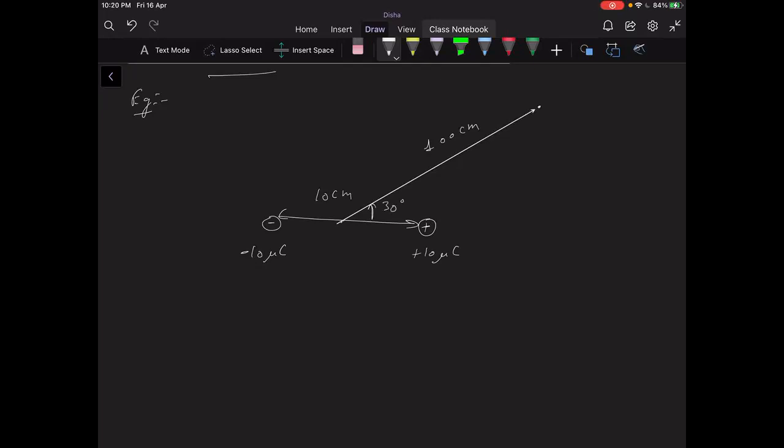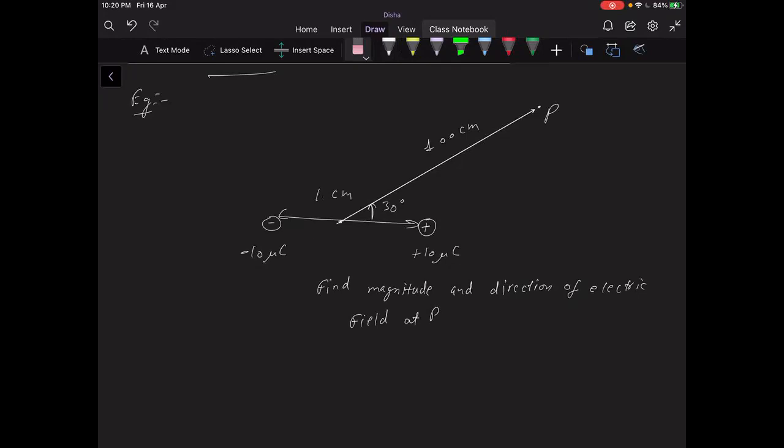I want to find the magnitude and direction of electric field at point P.